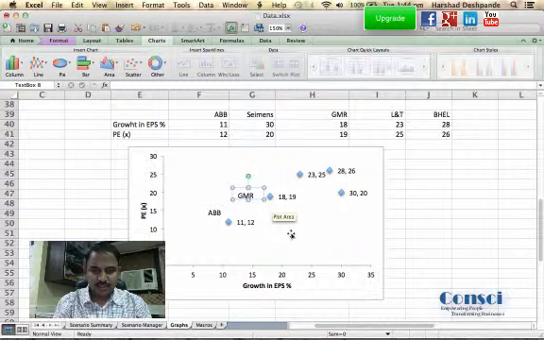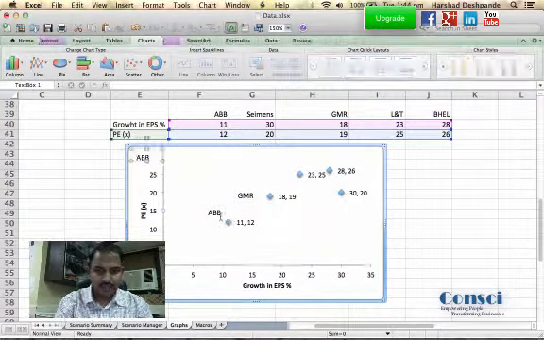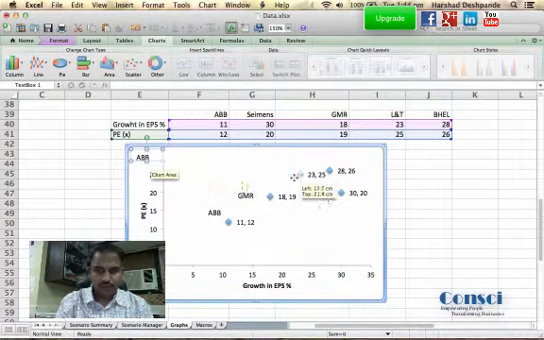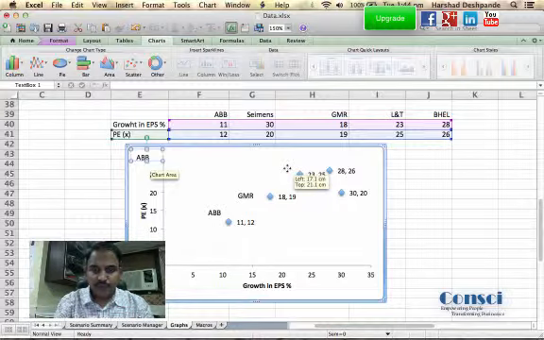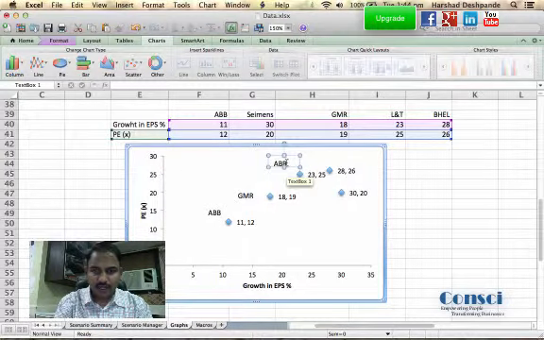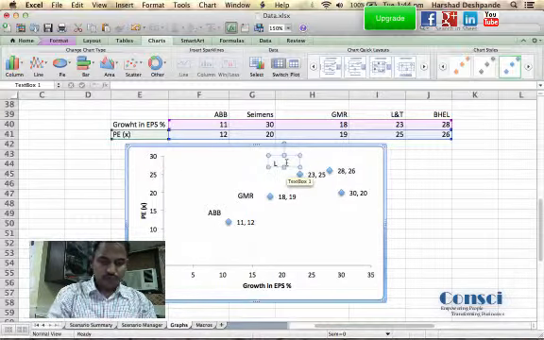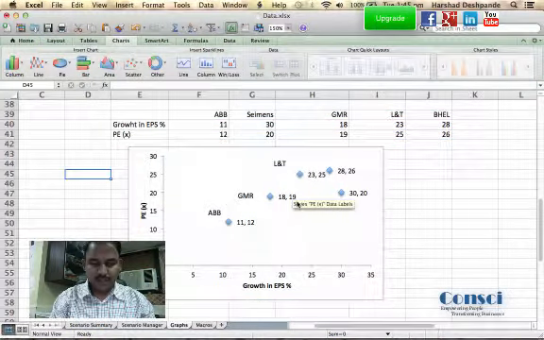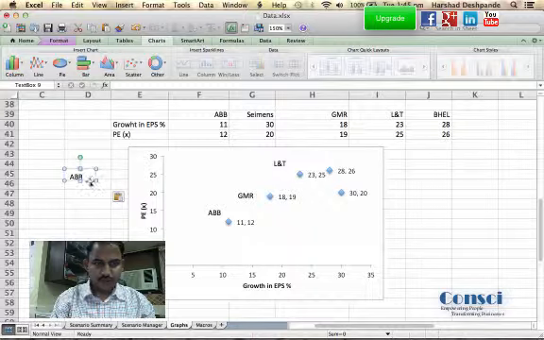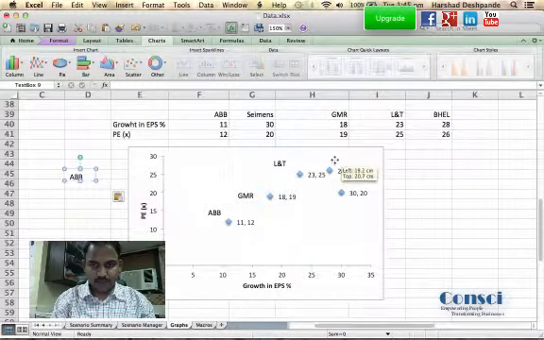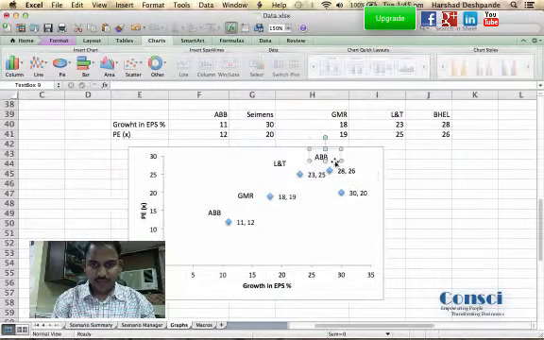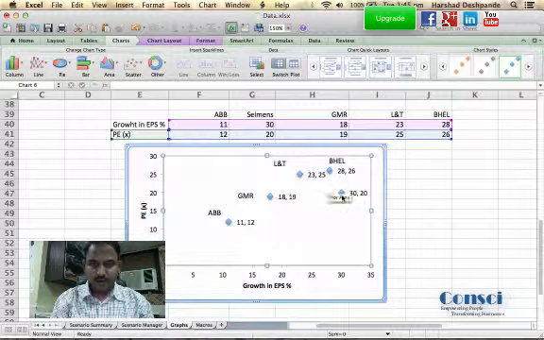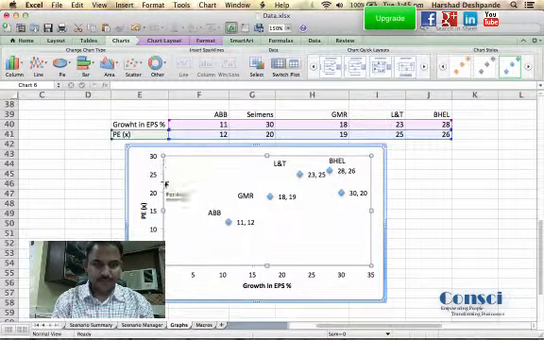Then I can just simply continue copy pasting the earlier cell over here, so I can just drag it to 2325, which is LNT. So LNT, then 2826 is Bhale, so I'm just pasting it over here. So 2826 is Bhale, and what remains is 3020, which is Siemens.